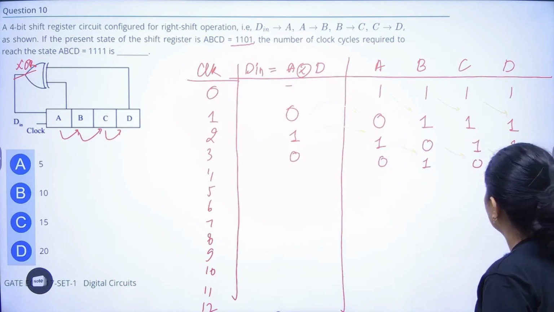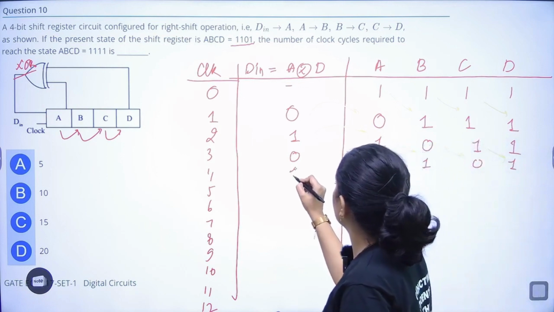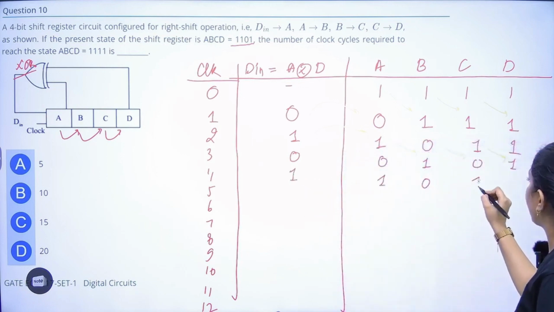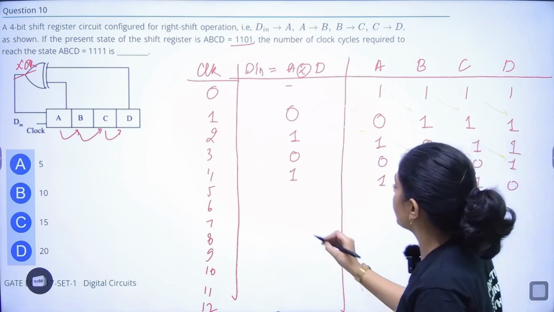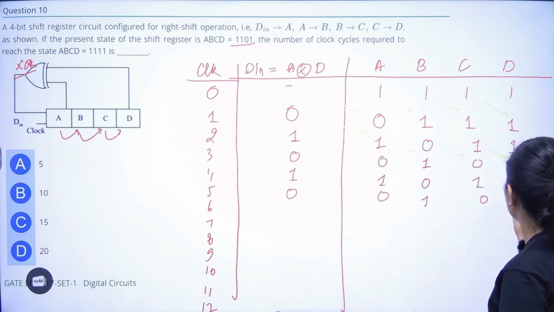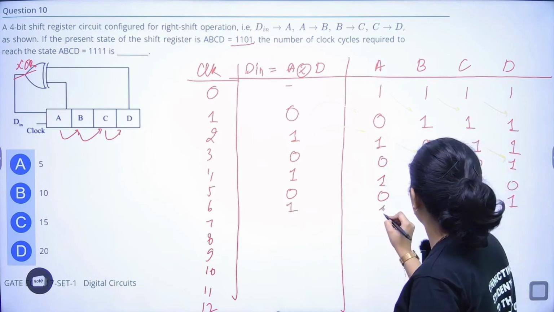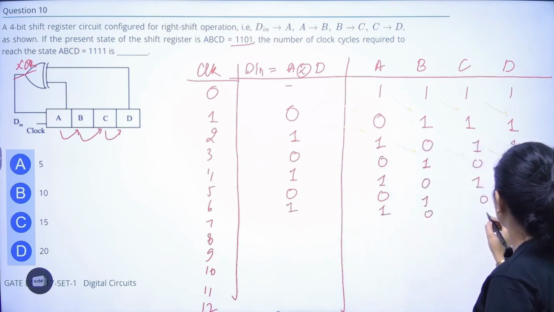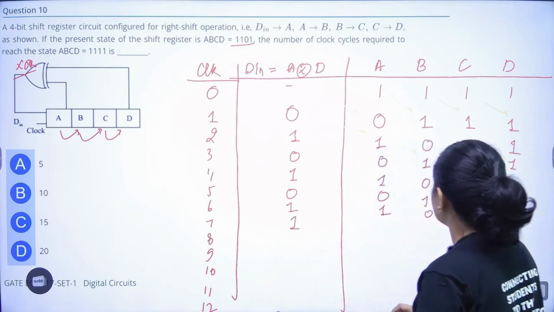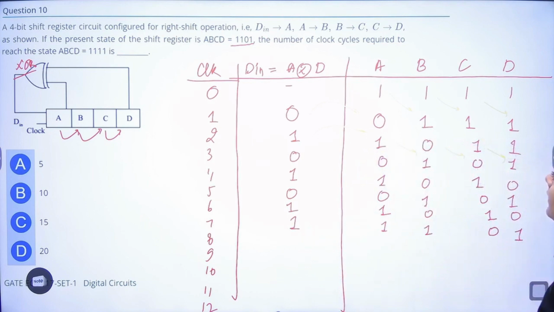Right. So now again we have to calculate the XOR. 0 XOR 1 is 1, so 1, 0, 1, 0. 1, 1 XOR is 0, so 0, 1, 0, 1. 1, 0 XOR is again 1, so 1, 1, 0, 1.